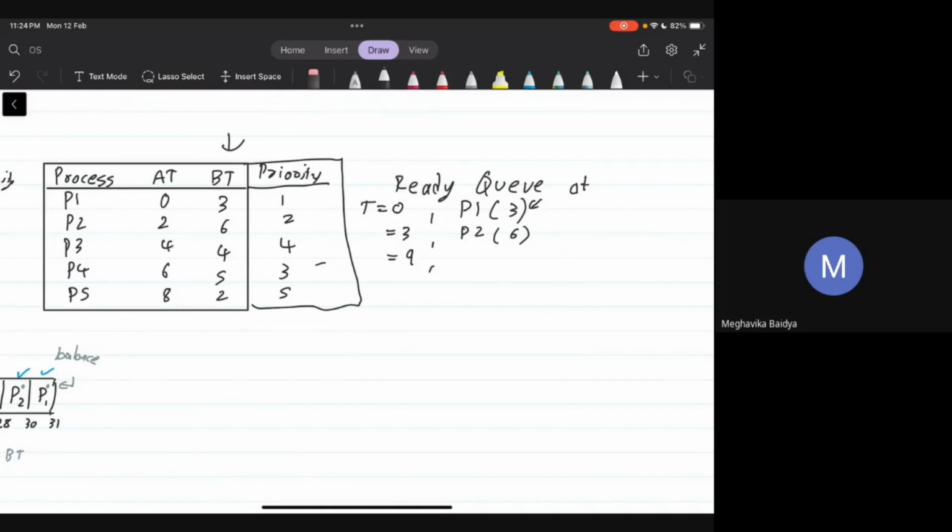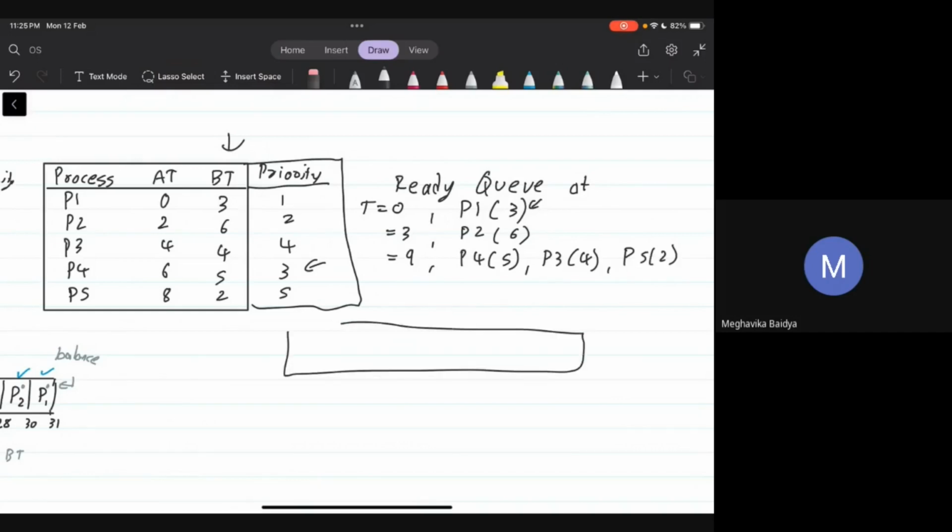So the priority of P4 is 3, so you will write P4 of burst time 5. Then you have priority 4, which is P3 of 4. Then you have P5 of 2. So in the Gantt chart, you will get P1, P2, P4, P3, P5.